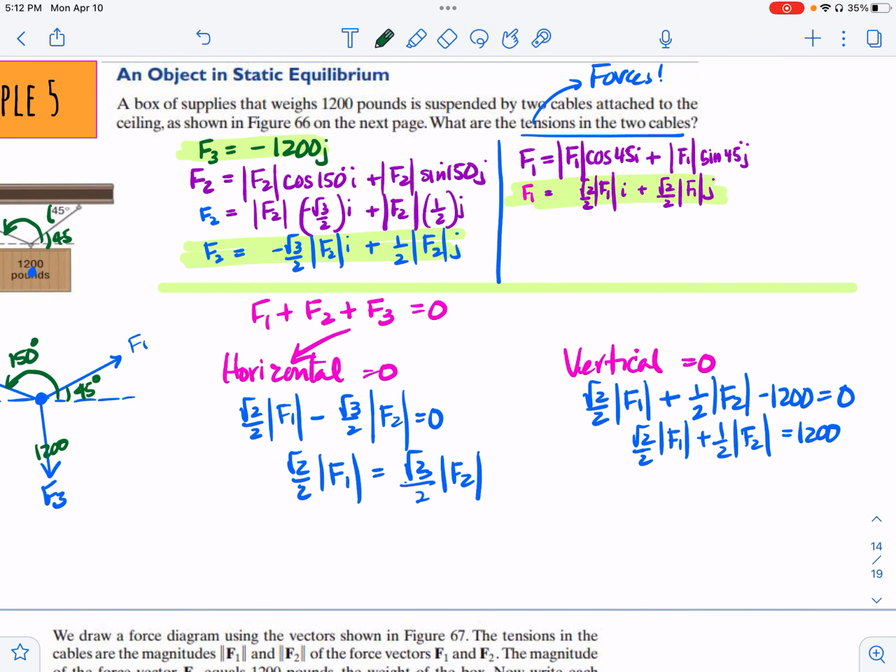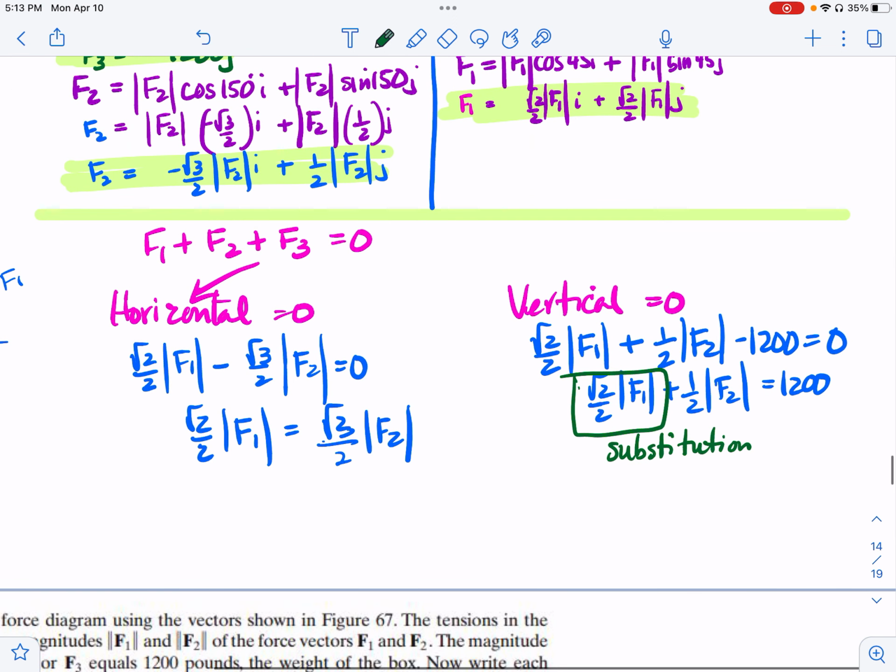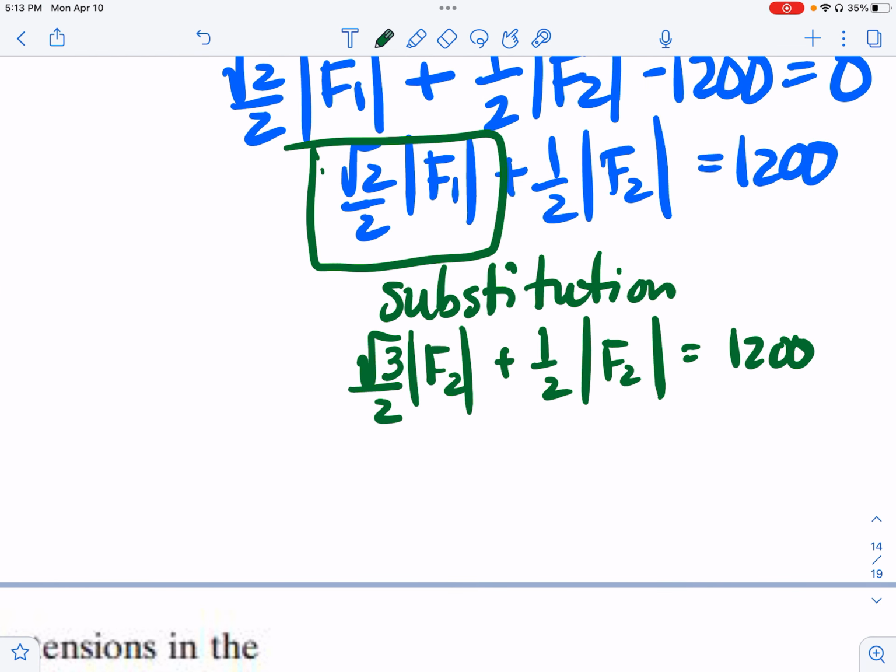If you notice, root 2 over 2 of F1 is the same as root 3 over 2 of F2. So here, instead of using root 2 over 2 of F1, I'm going to substitute it with this. Okay, one more time, substitution. Root 3 over 2 of F2 plus half of F2 equals 1200. Now I have one equation, one variable. I should be able to solve it.